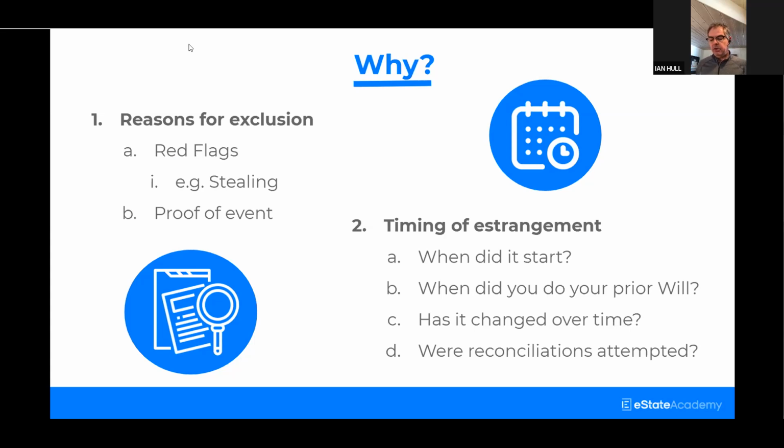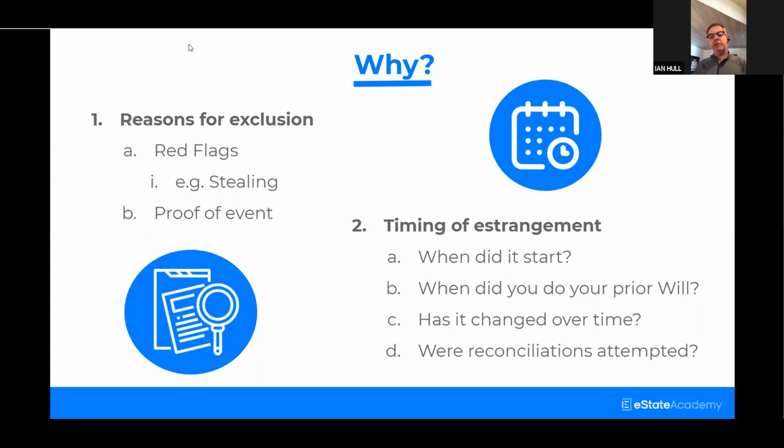And once I've got the red flag flashing in the room, I start layering it down. It's a sensitive topic. I've rarely had a case when I'm taking instructions where someone's being excluded and the parent isn't a little bit embarrassed. So I'm not going in like a bull in a china shop saying, great, tell me all your family stories. I just start to drill down a little bit.